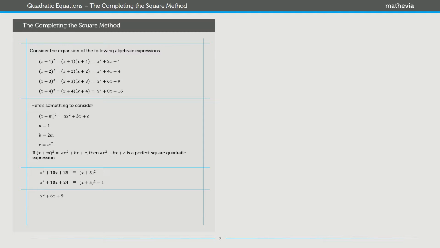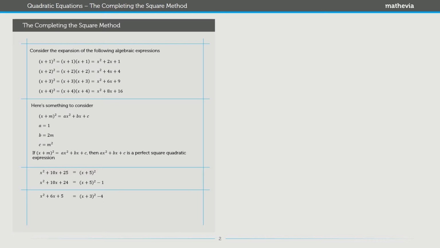When you have an expression like this, we look for the related perfect square expression, which would be x squared plus 6x plus 9. When you solve that out, that would give you x plus 3 all squared. Then we can relate that to this expression, and I can write this out as x plus 3 all squared minus 4.